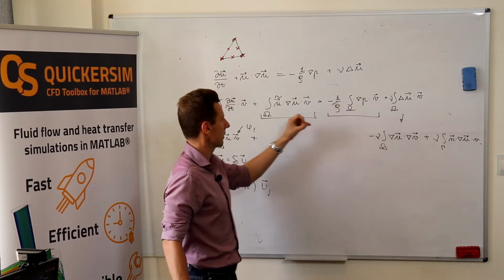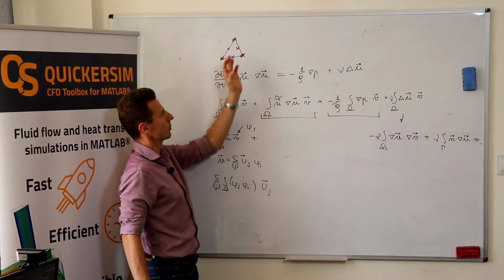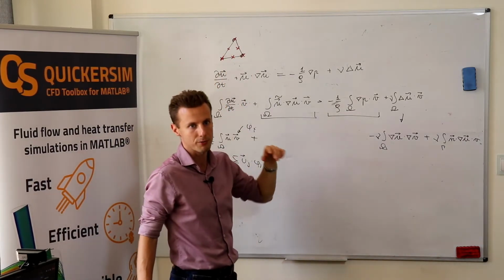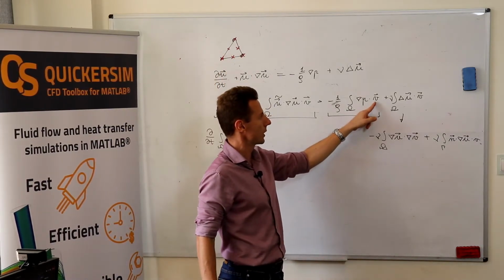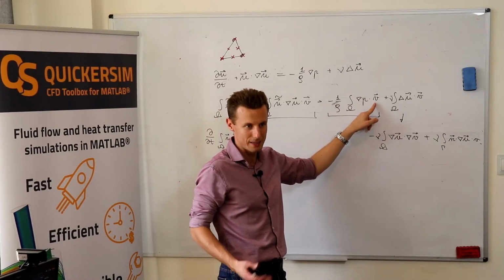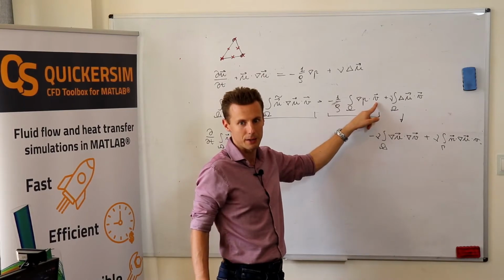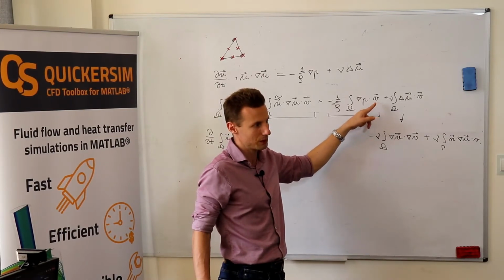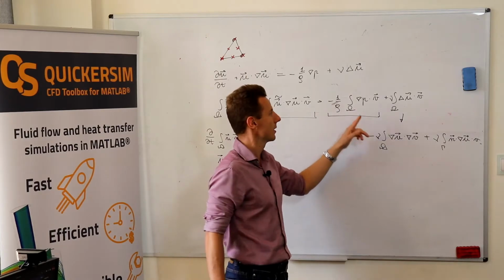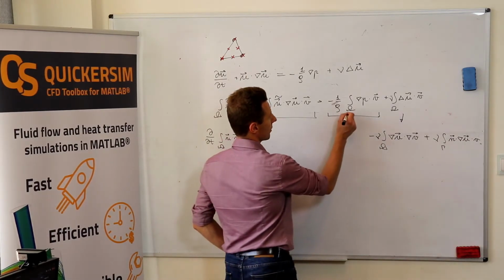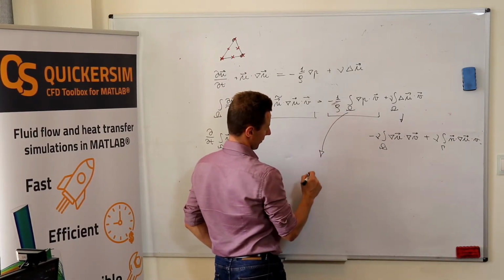But since we've got second order shape functions for velocity, we also work with second order test functions for velocity. So calculating the gradient of this term would give us a linear function. So what we are doing with that term is the following thing.